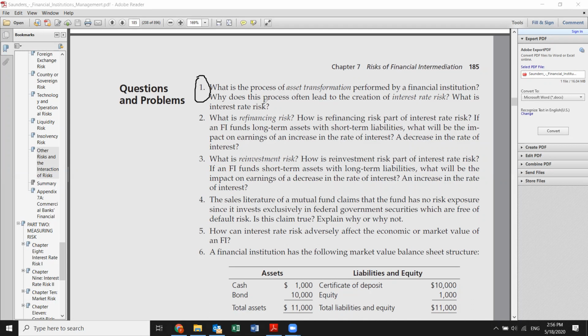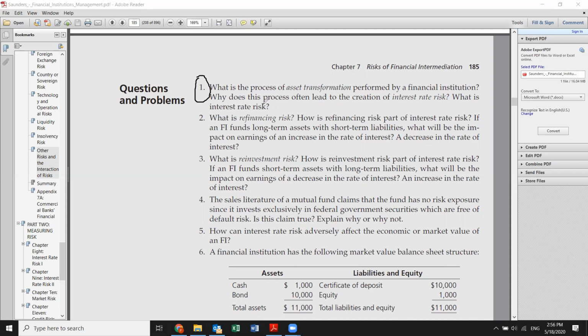This is called the process of asset transformation. You're transforming your deposits into assets. Your deposits are 1 year, and you invest them in bonds of 5 years.